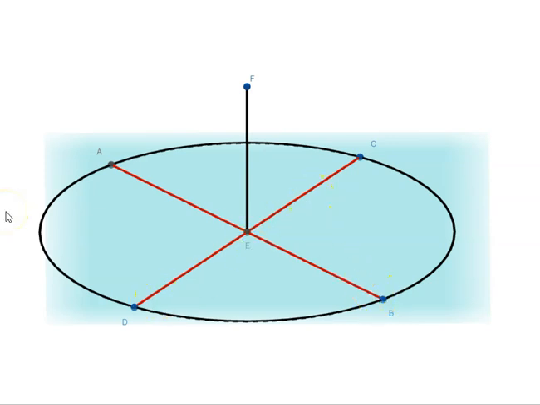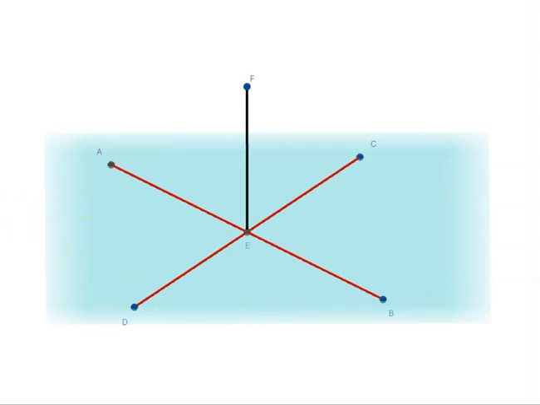And now we actually don't require the circle. Now let's join AD and let's join BC. When we do that, you will notice that triangle ADE and BCE are congruent. How?